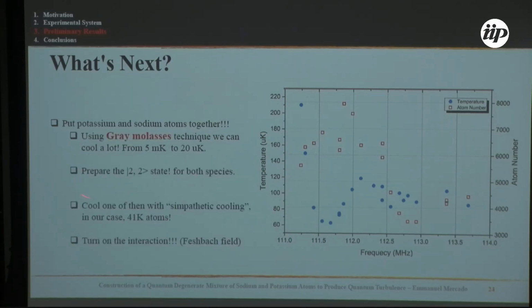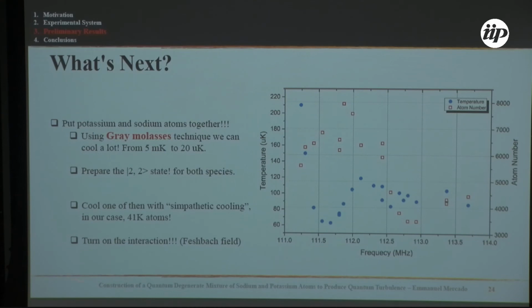We need to prepare both species in the same state, which is 2-2, just to avoid spin collisions in the magnetic trap, and do the sympathetic cooling process, just to not lose the potassium atoms when I cool down the sodium atoms.